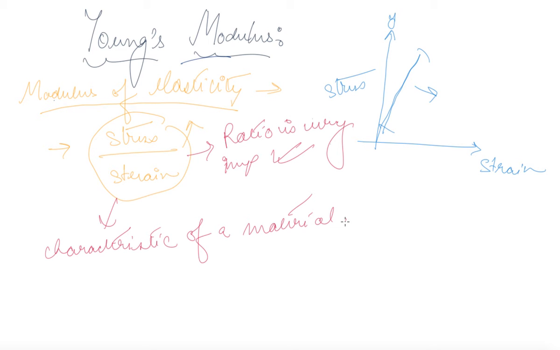So from here you come to Young's modulus. This is known as Young's modulus, given by the scientist Young. Now, Young's modulus tells us Y is equal to stress over strain.